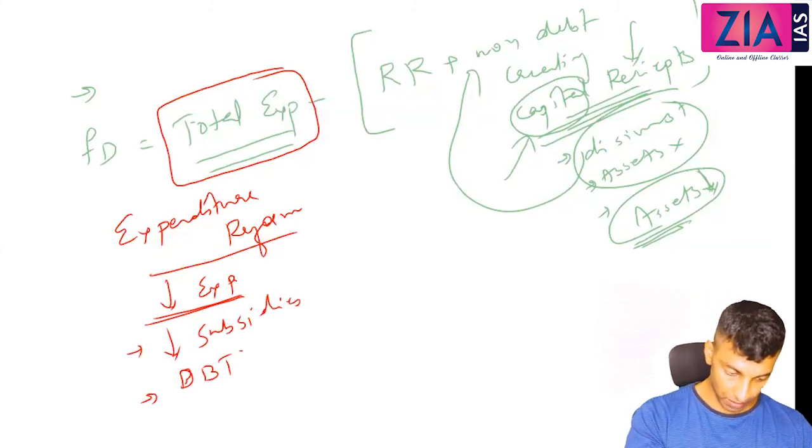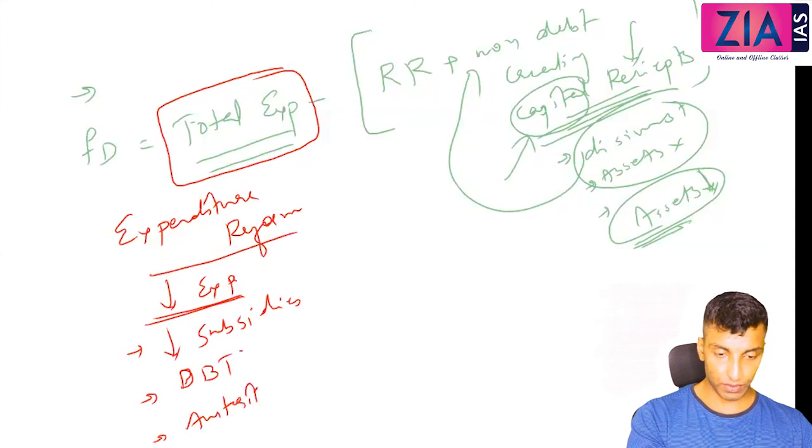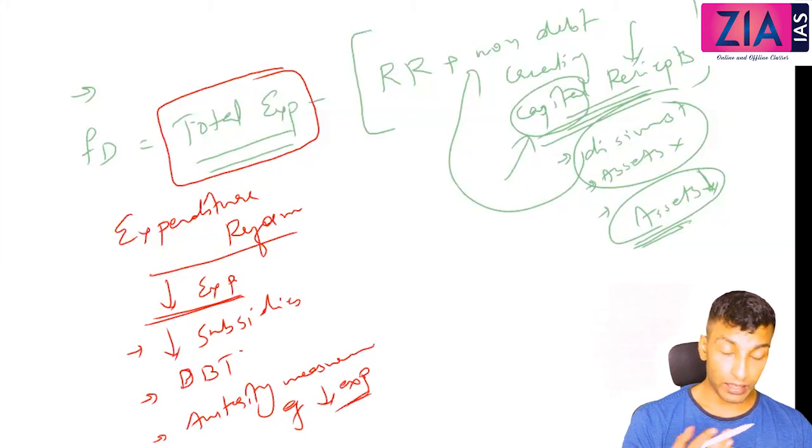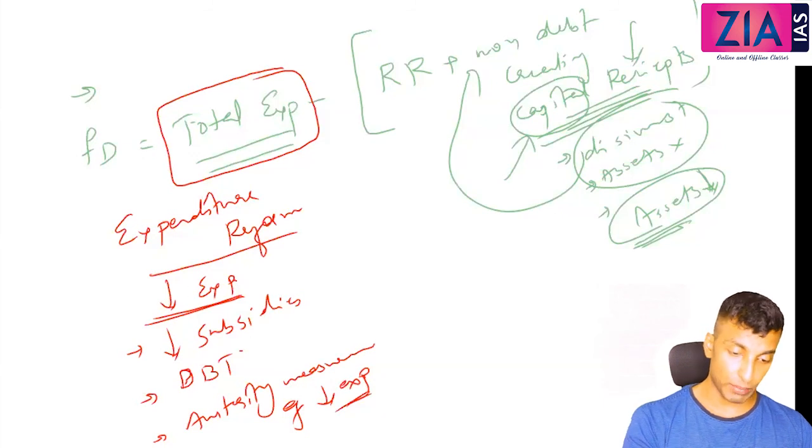Then various austerity measures. Austerity measures means again reducing the expenditure, like when officials are traveling, instead of first class air travel, you can go for economy travel. Instead of 5-star meetings, they can be normal meetings, etc. That is what we mean by austerity measures.